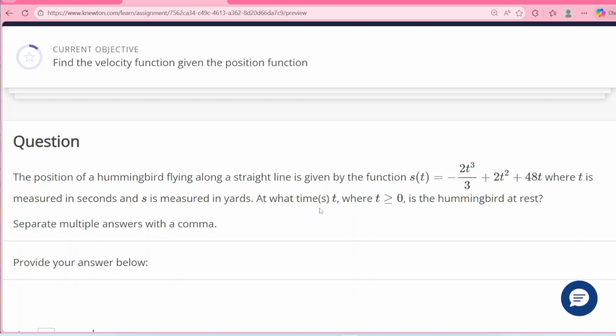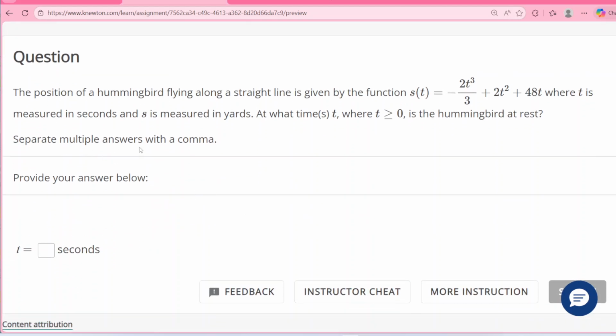At what time or times, with non-negative time again so no negative answers, is the hummingbird at rest? Separate multiple answers with commas. They have the t equals already, so you're just putting in the numbers of seconds.